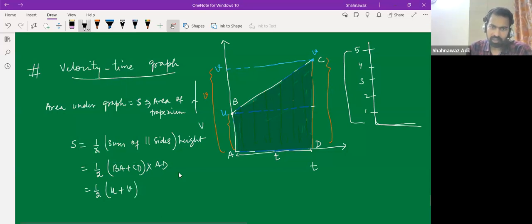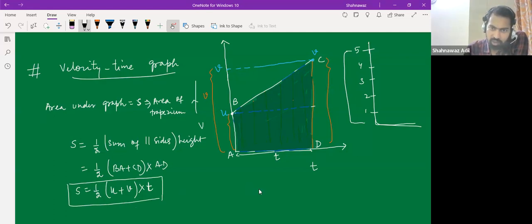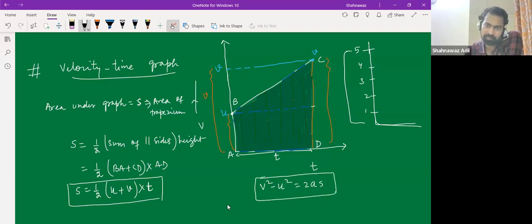and AD is how much? AD is how much? T. So this is half U plus V into T. Now, you guys tell me that we want to prove V square minus U square equals to 2AS. Is that correct? This is what we want, right?